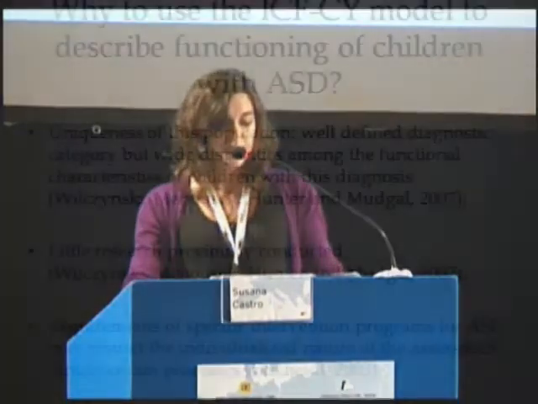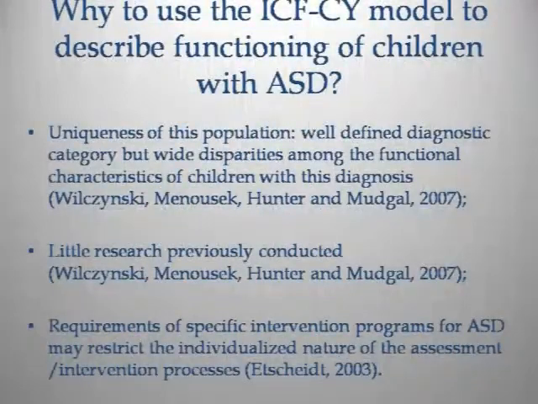Now, why use the ICF-CY model to describe functioning in children with ASD? There is evidence of the uniqueness of this population. A well-defined diagnostic category might have wide disparities among the functional characteristics of children within the same diagnosis.